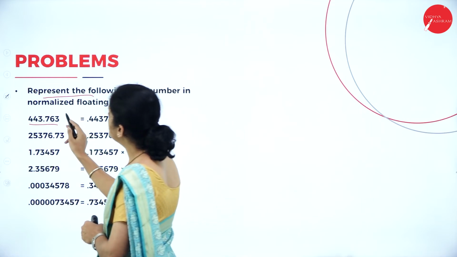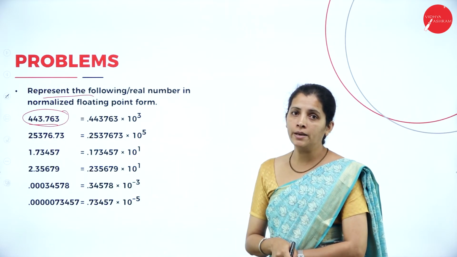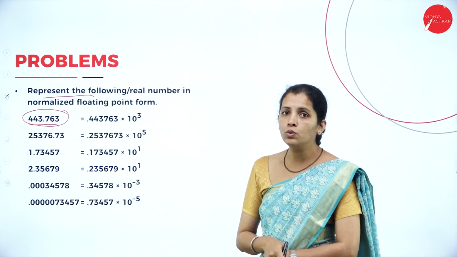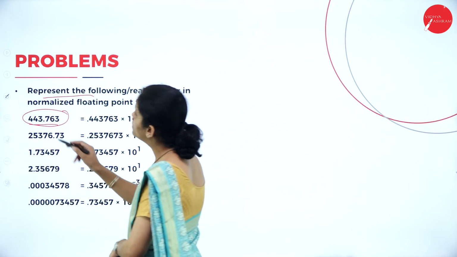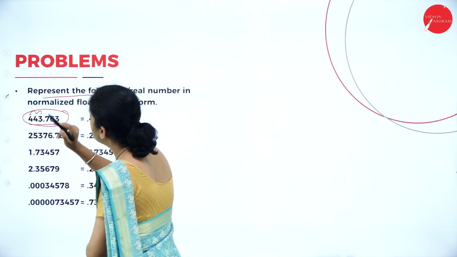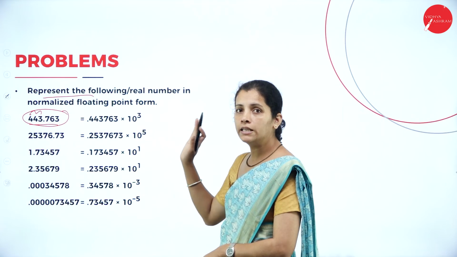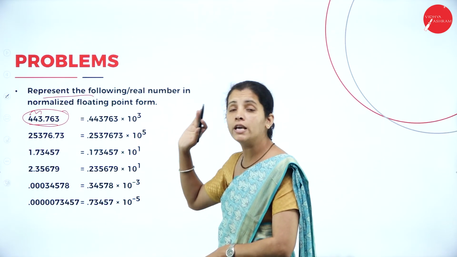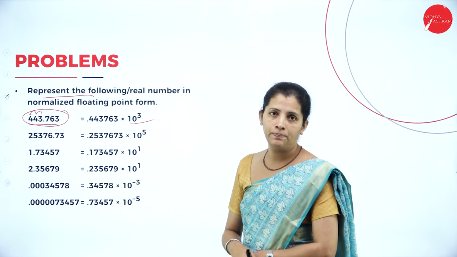If I consider this example, it is not the normalized floating point. So I want to normalize it. What I'm going to do? I'm going to shift 3 digits towards right. Towards right in the sense what? It is always positive power. So 10 to the power 3.